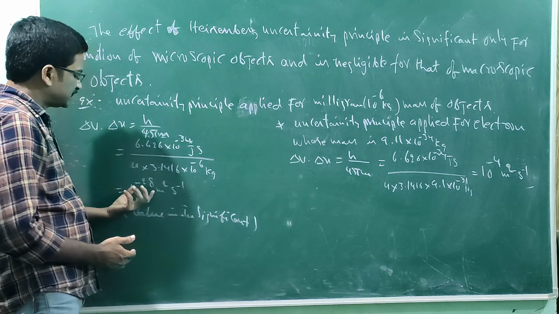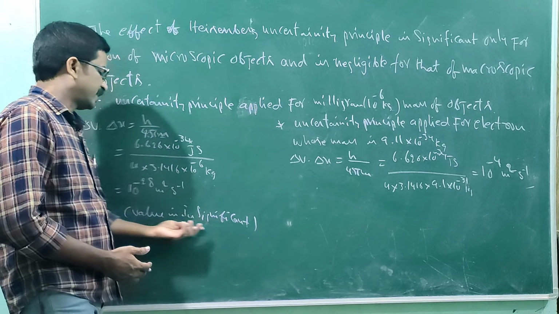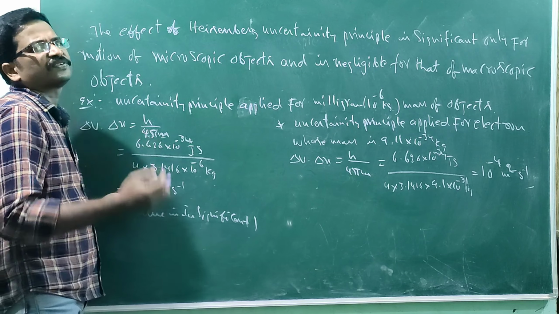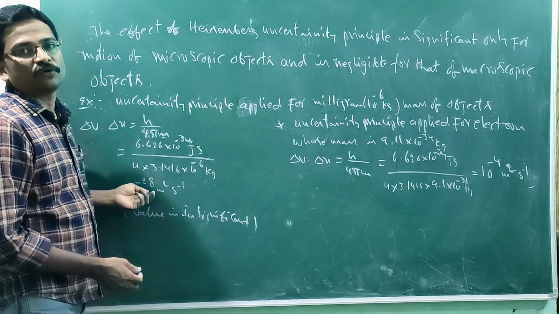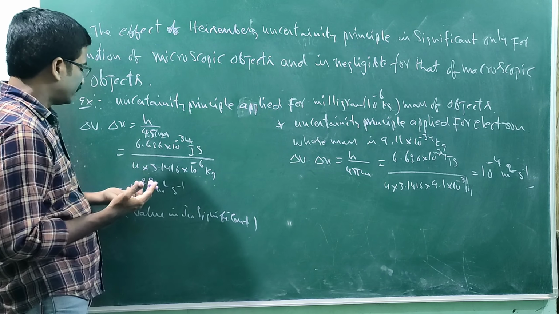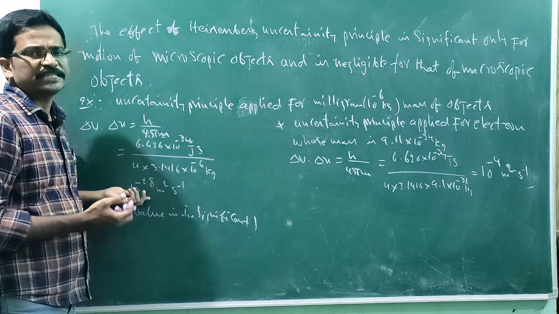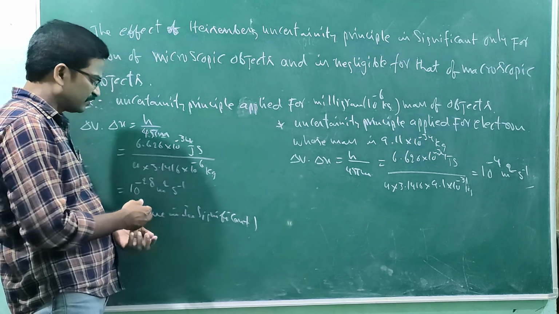The product of these uncertainties is insignificant. There is no significant value. This is very low, very nearly zero. Why is it considered insignificant?